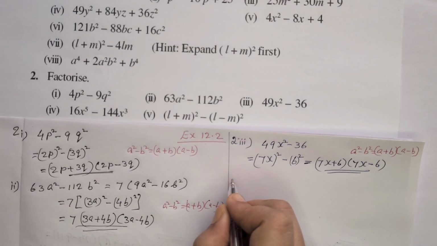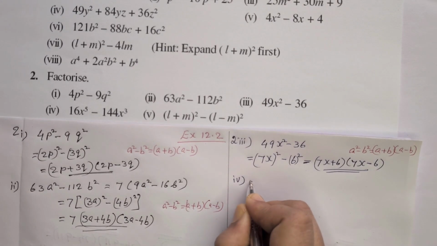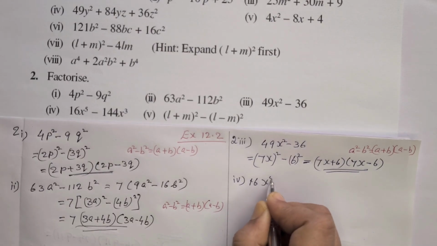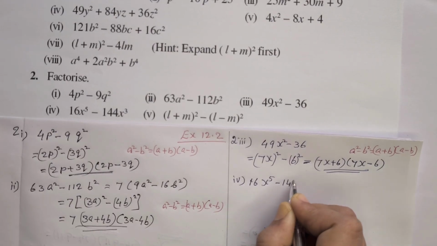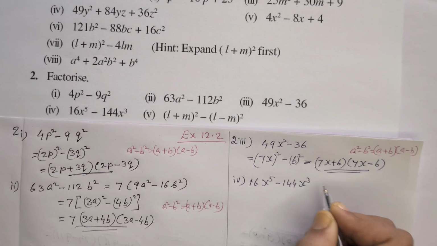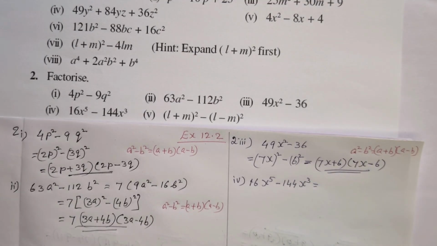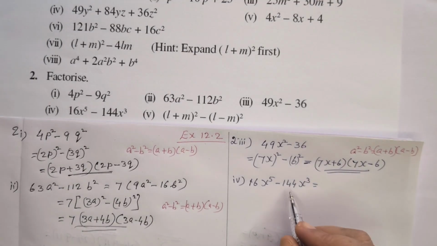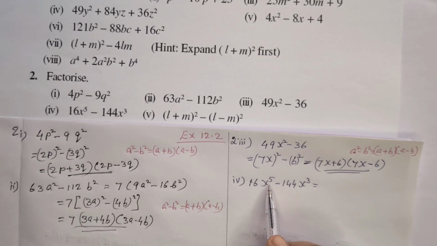Now next one, fourth one, 16x raised to 5 minus 144x cube. Here we can see 16 and 144, both the numbers are perfect squares, and here x raised to 5 and x cube, we can take x cube as common.